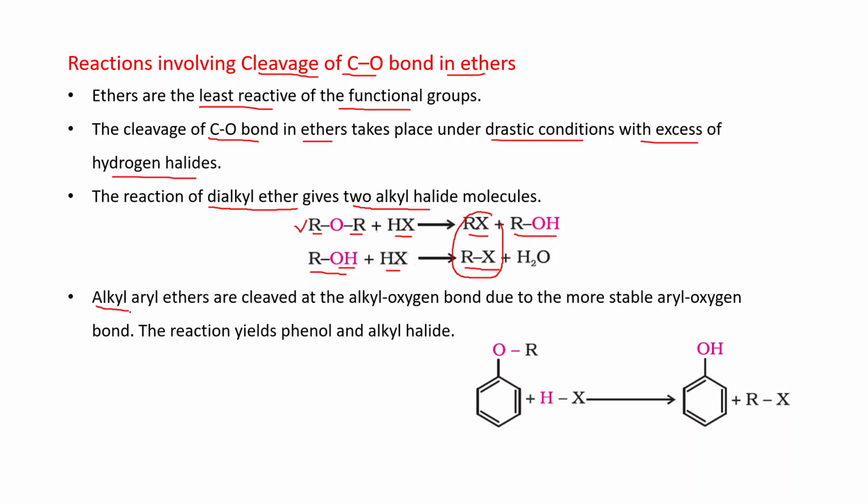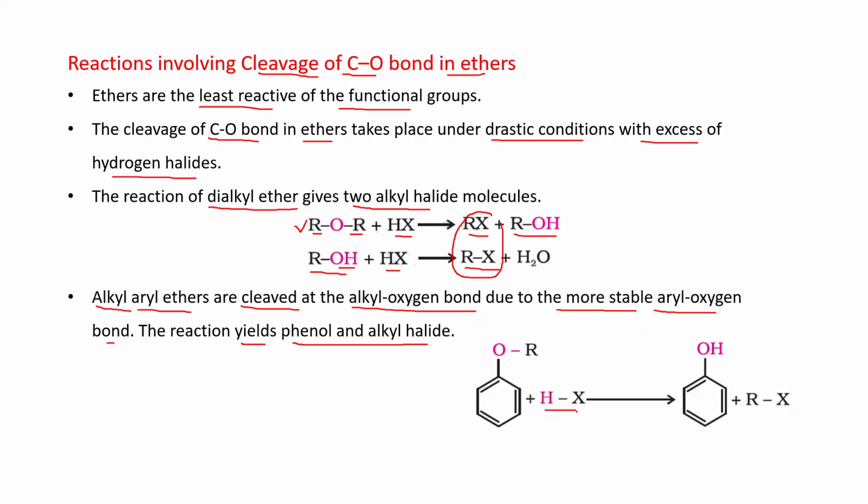In case of alkyl aryl ethers, they are cleaved at the alkyl oxygen bond. Clear? Alkyl oxygen bond, not aryl oxygen bond. Due to the more stable aryl oxygen bond, the reaction yields phenol and alkyl halide. You can see this is an alkyl aryl ether.